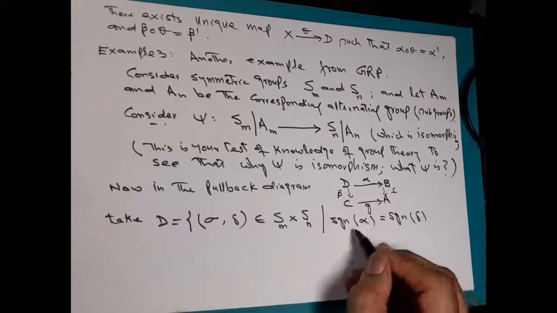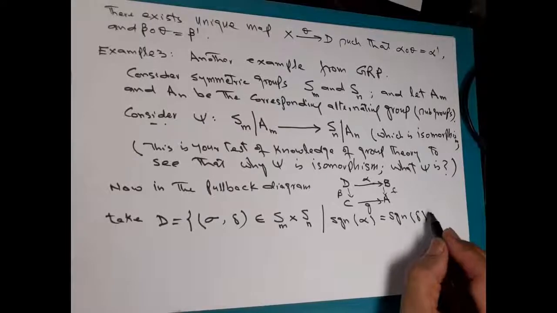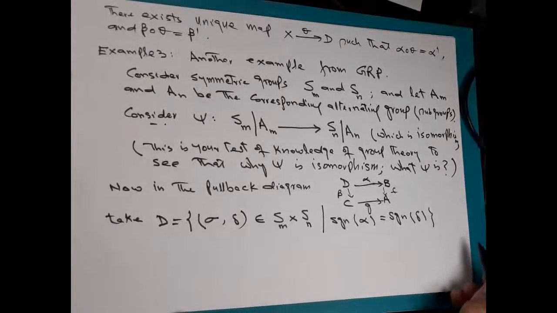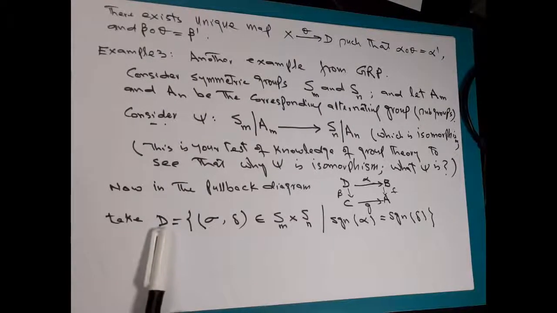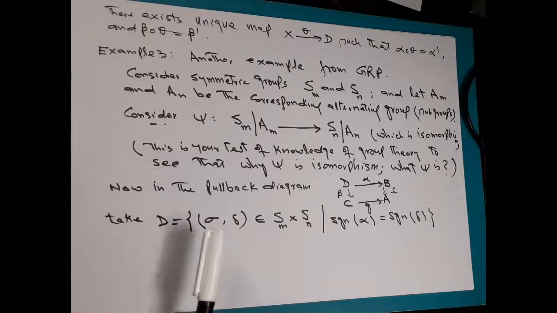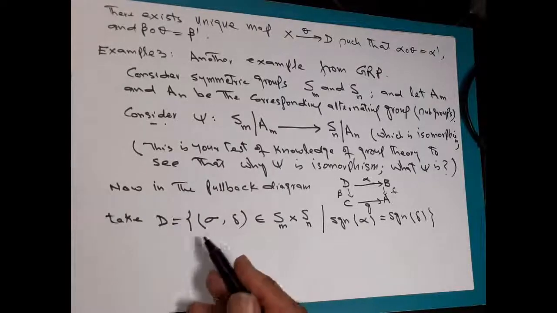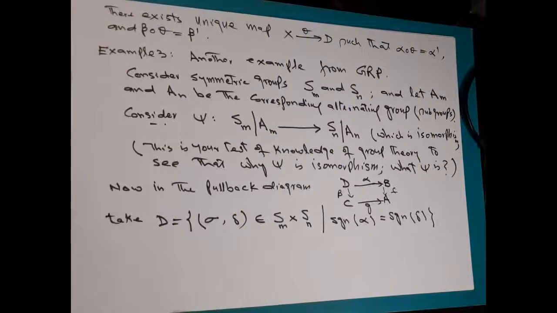Just recall that Sgn, signum, determines whether the permutation is even or odd. So go back and see the definition of signum. So we are going to take those ordered pairs of permutations for which the values of the signum function are the same. So take D equal to the set of these ordered pairs.